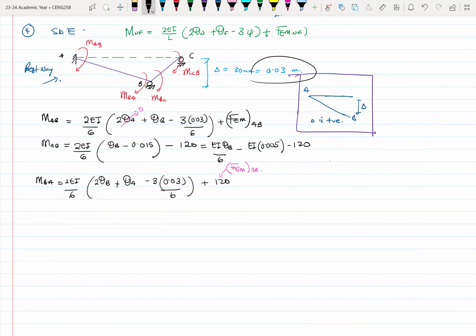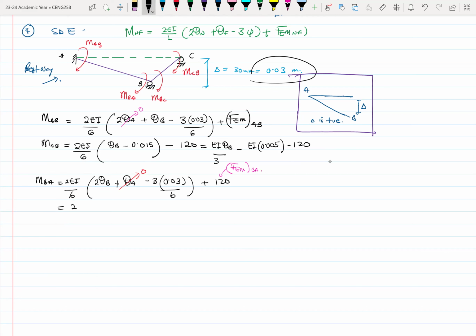So again, we expand this. Theta A goes to 0, because the support at A is fixed. If we expand, that will give us, yes, 3, not 6. Let me correct this.